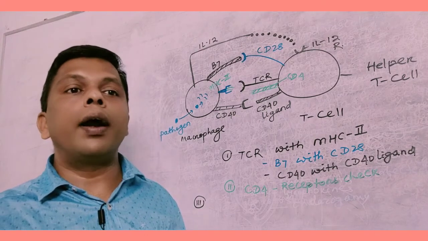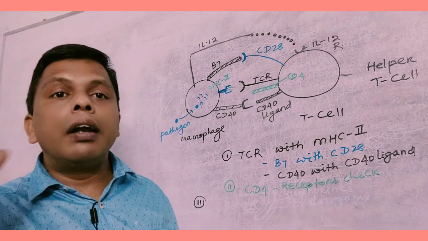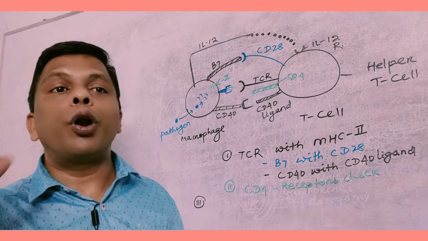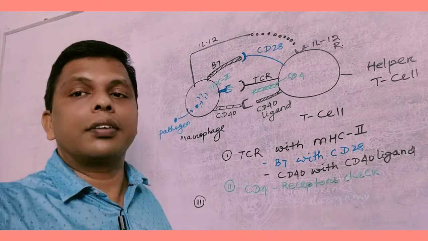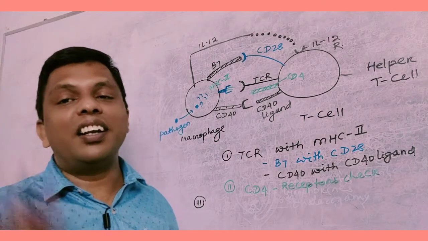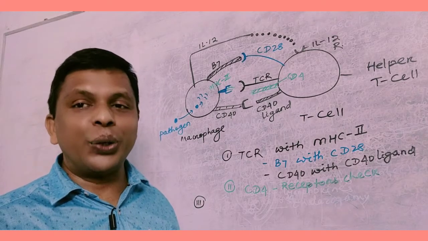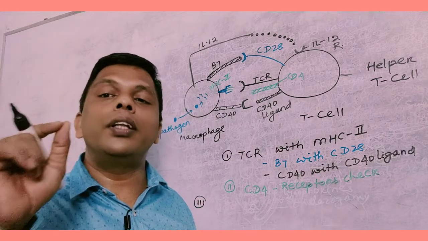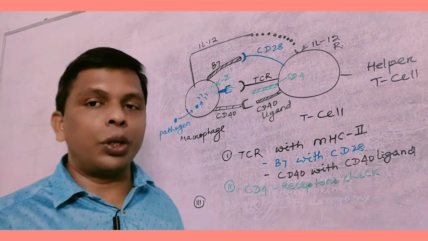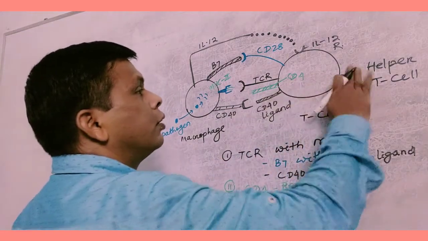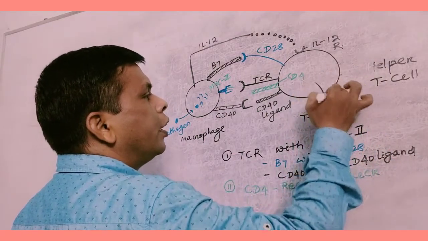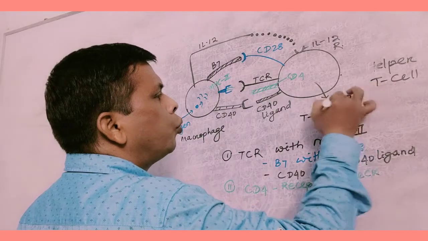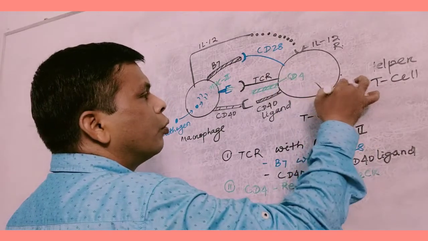Clear? What happened? Immediately, the T cell produces interleukin 2 in response to interleukin 12. From this helper T cell, interleukin 2 is released.